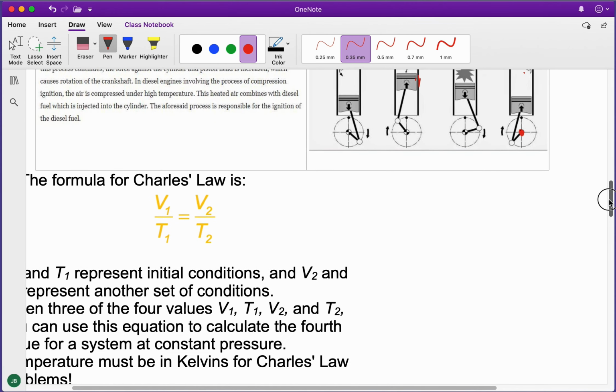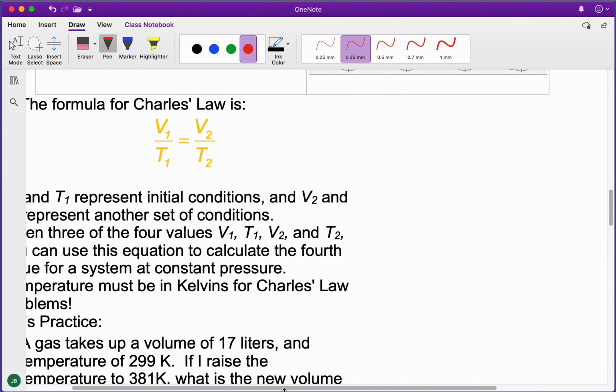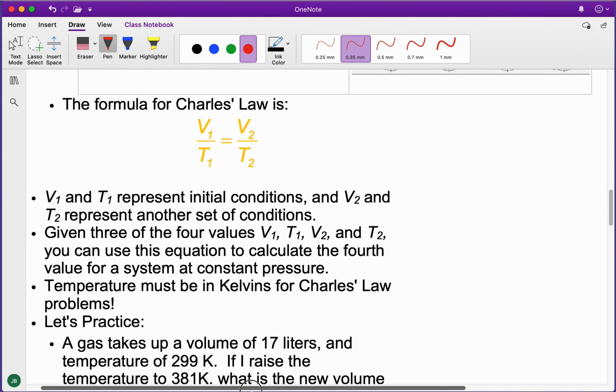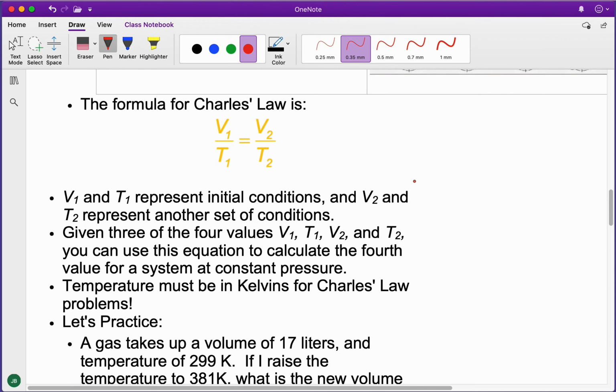All right, now here comes something else that's also very important, and that is the formula. So the formula for Charles's law is the initial volume over the initial temperature equals the second volume over the second temperature, or the final volume over the final temperature.